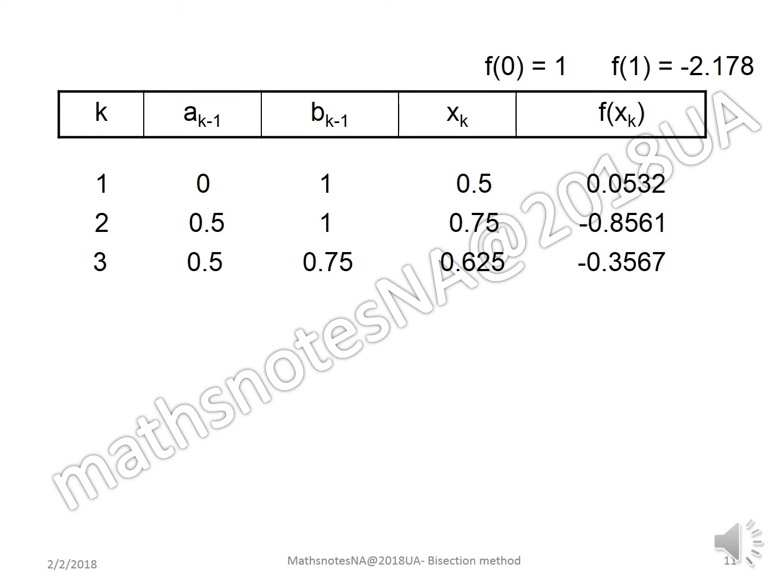We take the midpoint of 0.5 and 0.75, which comes to 0.625. Function value at this point is negative. In the fourth iteration we replace 0.75 by 0.625 and take the midpoint of 0.5 and 0.625, which comes to 0.5625. Function value is negative here.